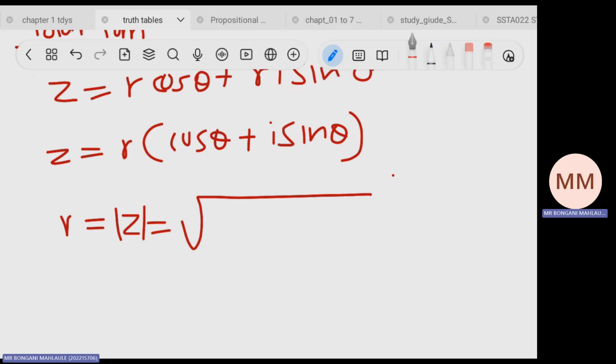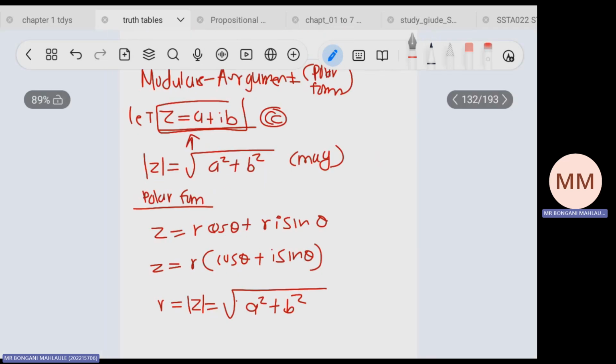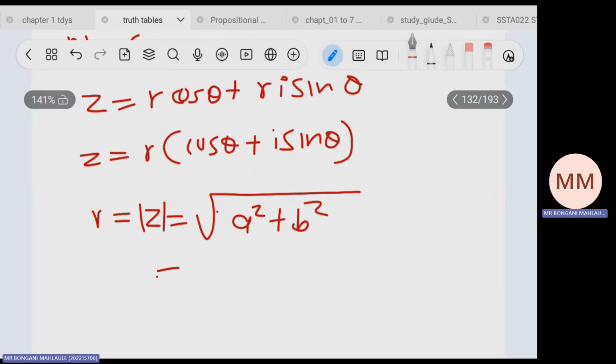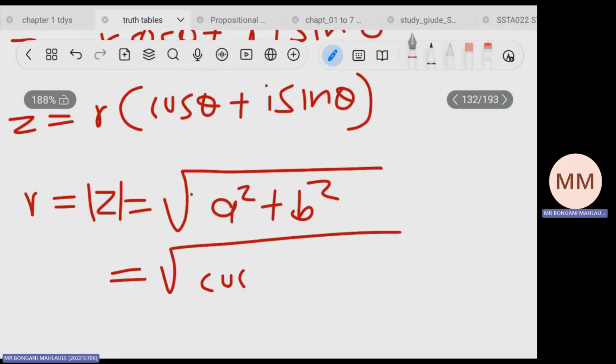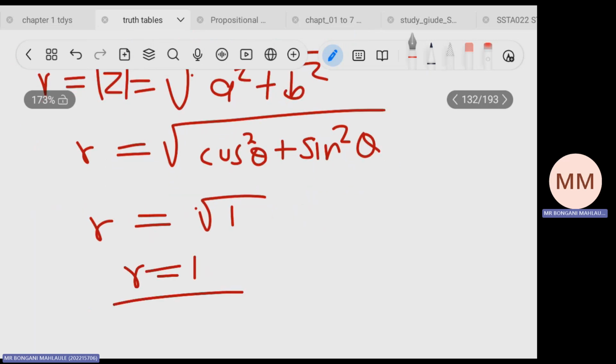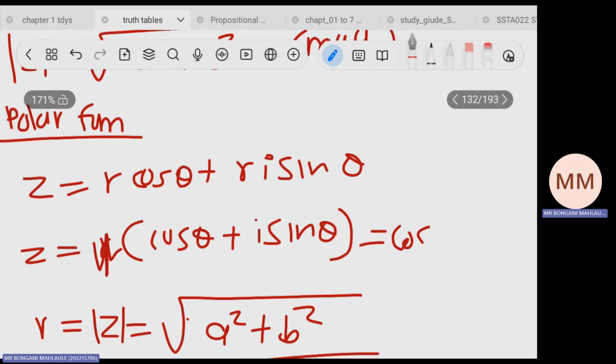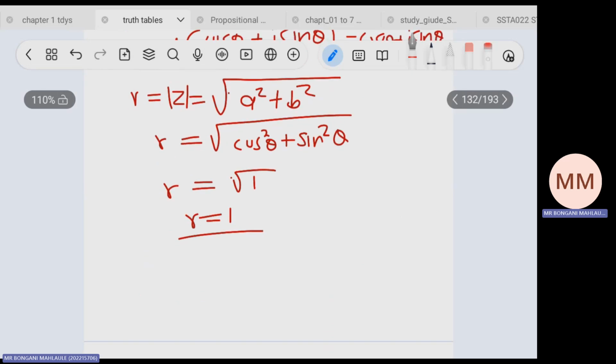In other words, this is equal to the square root of a squared plus b squared. So for the coefficients, it means you'll have cosine squared of theta plus sine squared of theta, and then you just have 1. Since that's a trig identity, our r will be 1. Then the formula will just update to this. So this is the polar form.